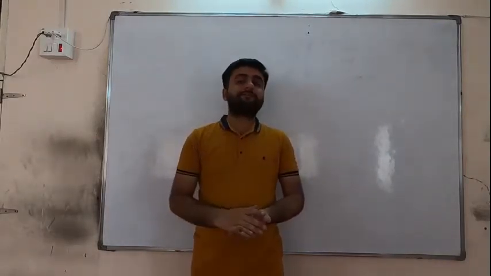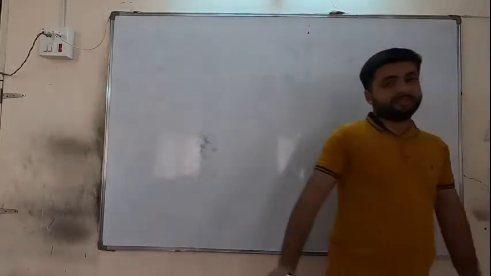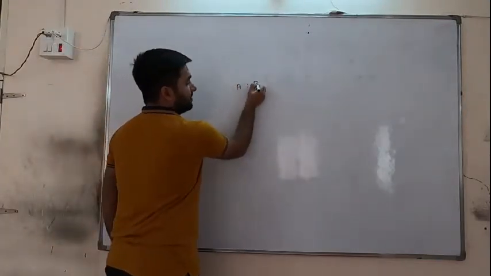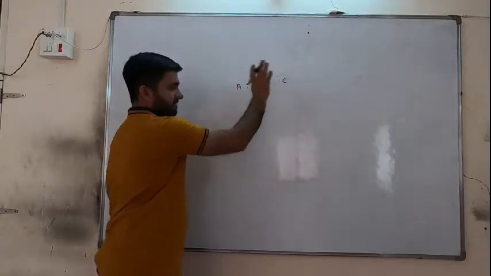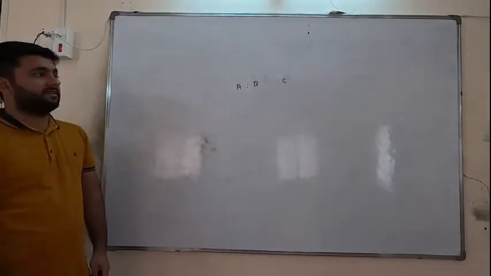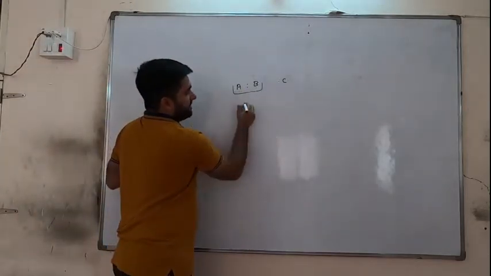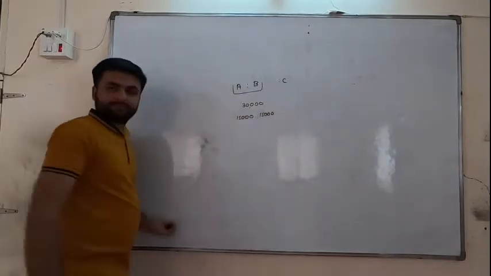Now for that, one thing I may explain which I have explained in the starting itself of the chapter. Suppose A and B are the two partners. C is admitted as a third partner. When there were A and B, suppose the profit is 30,000, then both are getting 15-15 if no P&L ratio is given.